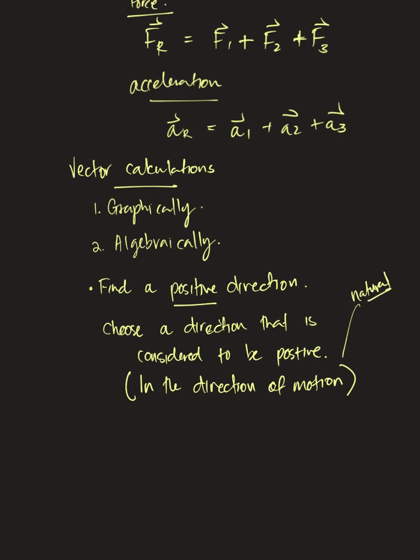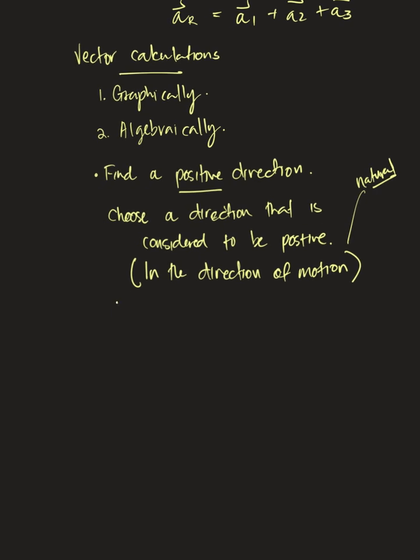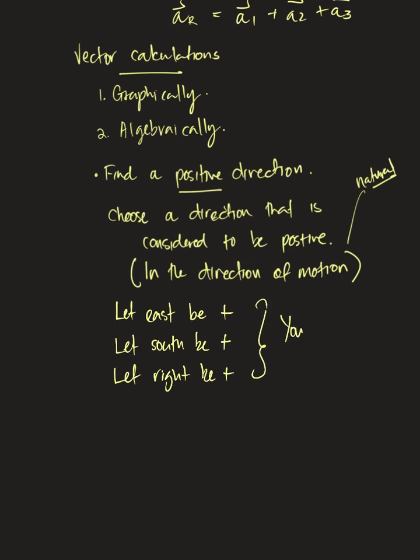Right? So at the beginning of any of these calculations, I can say let east be positive, or I can say let south be positive, or let right be positive. This here, you decide. Now, if I said that east is positive, that means that naturally west is negative.